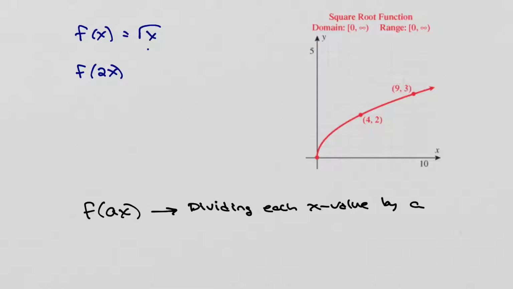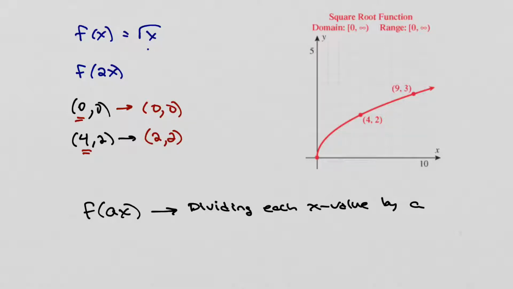So for f of 2x, what I'm going to do is take that first point, 0, 0, and divide the x value by 2, which will still give me 0, 0. And the point 4 comma 2, well, when I divide that x value by 2, it's going to go to 2, 2.